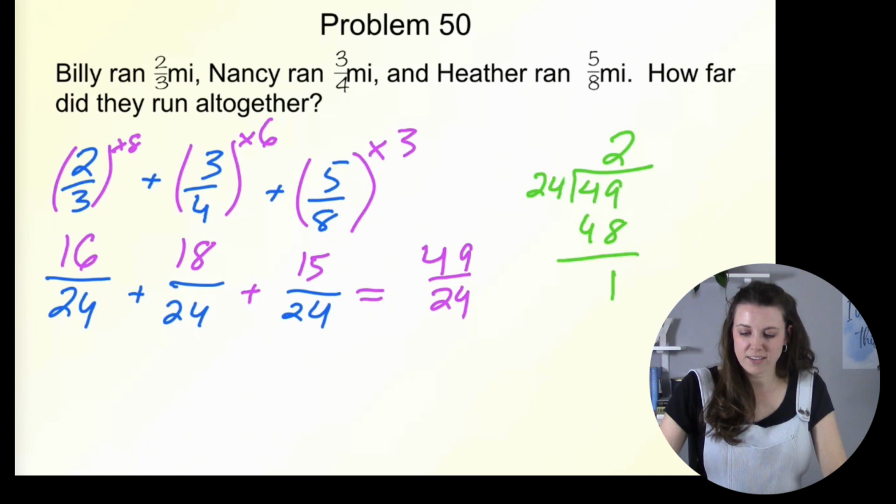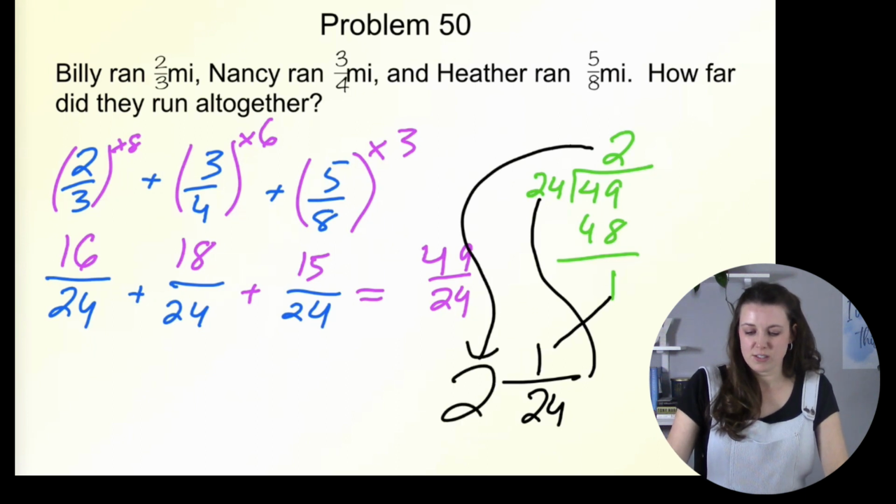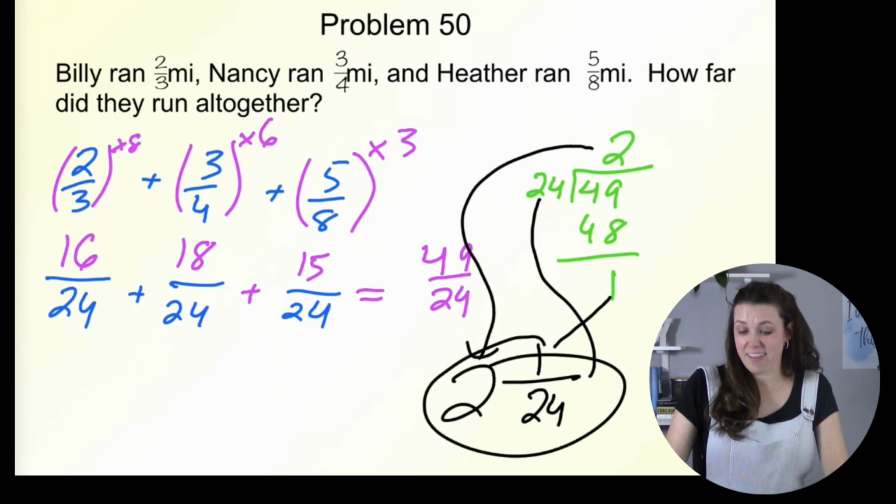Bring down a 1, and 24 doesn't go into 1. So I will take my 24, bring it down here on the bottom, 1 left over, and the 2 is my whole number. So they together went 2 miles and 1/24 of a mile.